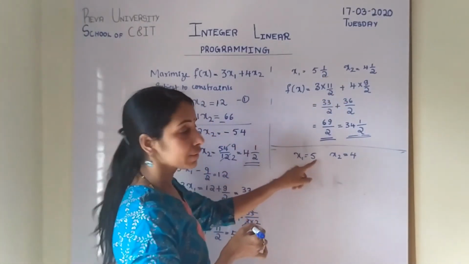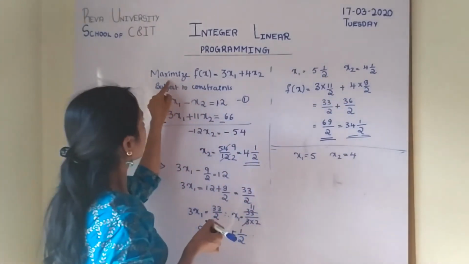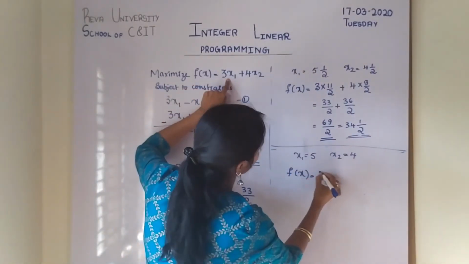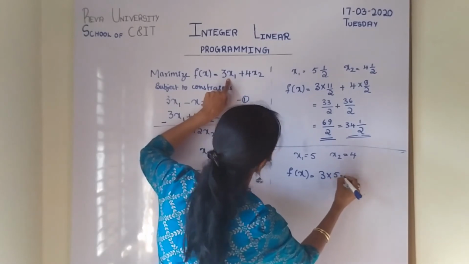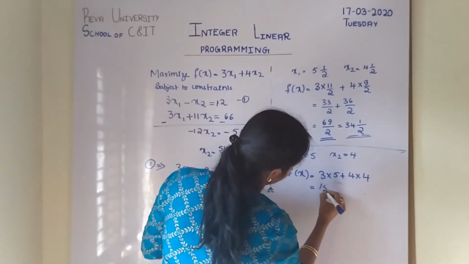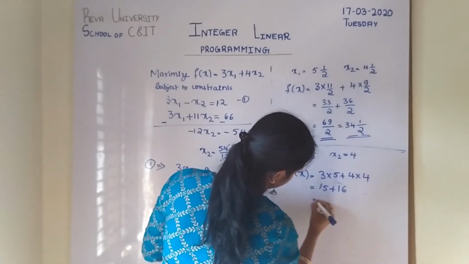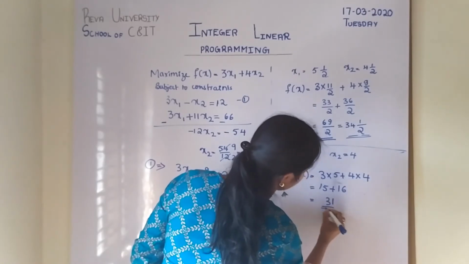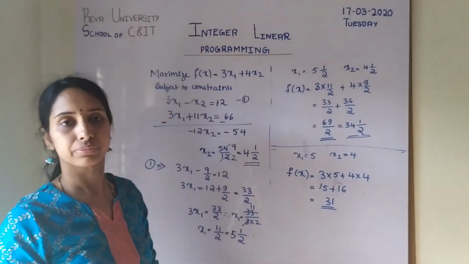Now if x1 is 5 and x2 is 4, what is our objective function? F of x is equal to 3 into x1 plus 4 into x2, 15 plus 16. You will get 31.